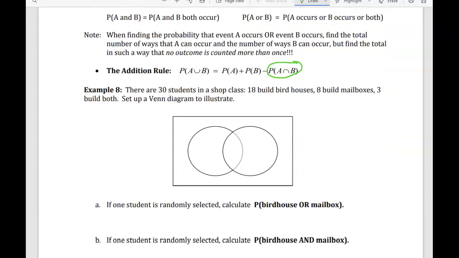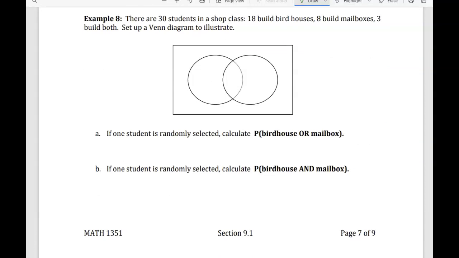So let's look at this example where we have 30 students in a shop class. 18 build a birdhouse, 8 build mailboxes, and 3 build both. When you're looking at Venn diagrams, you always start with the innermost part and fill it in first. So 3 are going to build both a birdhouse and a mailbox.